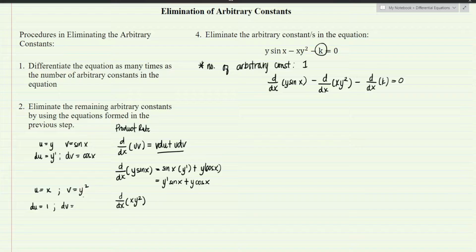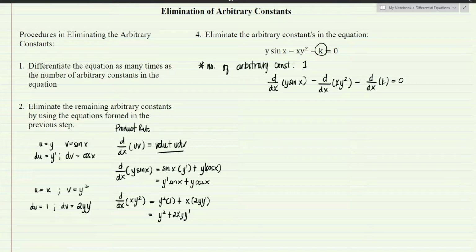Derivative of y squared using chain rule, that would be 2y y prime. So the derivative of xy squared would be v du, that would be y squared times 1, plus u dv, that would be x times 2y y prime. So simplifying, I will have here y squared plus 2xy y prime.